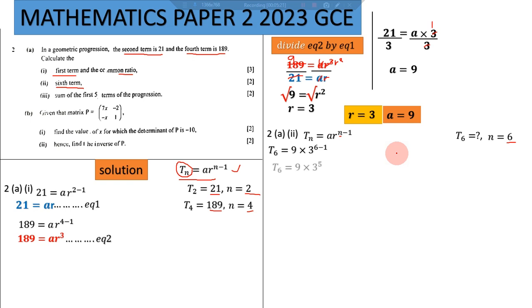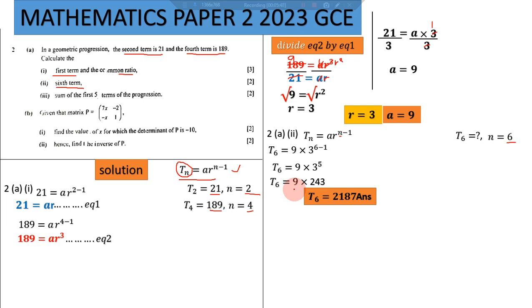We're going to have 9 times 3 to the power 5. When we expand 3 to the power 5, we're going to have 243. So multiply 243 times 9. What are you going to have? Perfect. We are having T6 as 2187. So the number which is on position 6 is 2187.